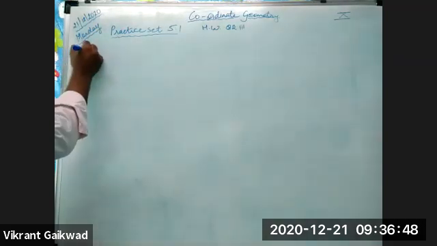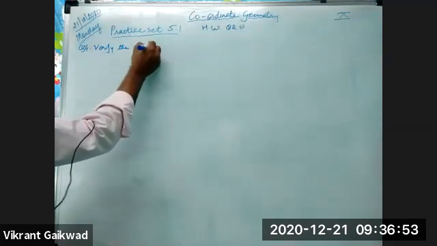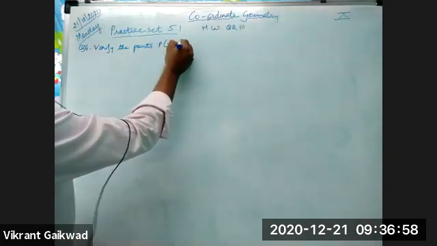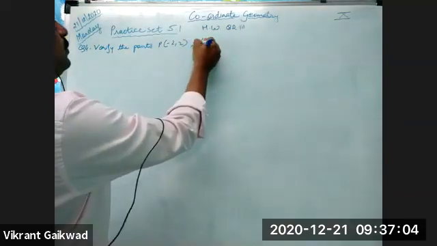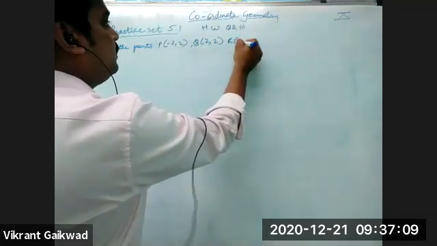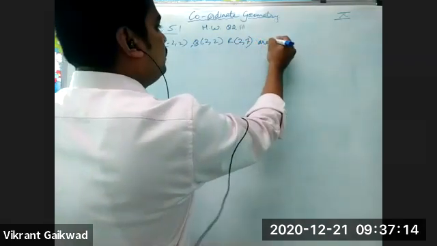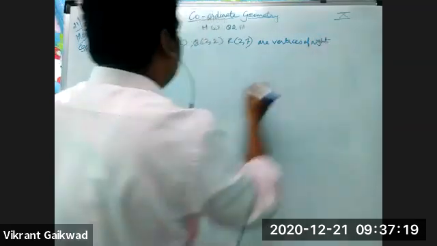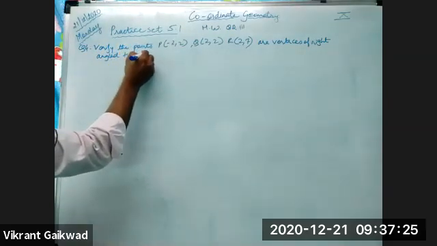I'll just write the question. Verify that the points P minus 2 comma 2, Q 2 comma 2, and R 2 comma 7 are the vertices of a right angle triangle.